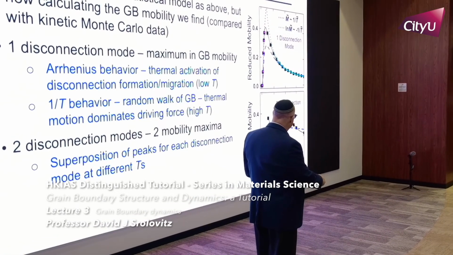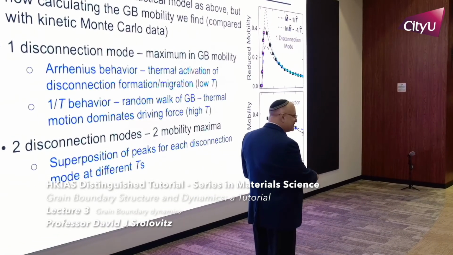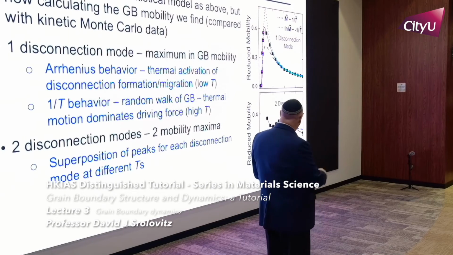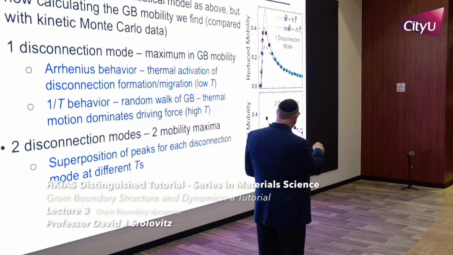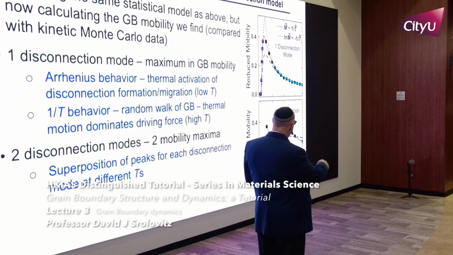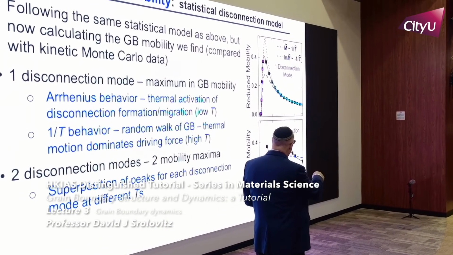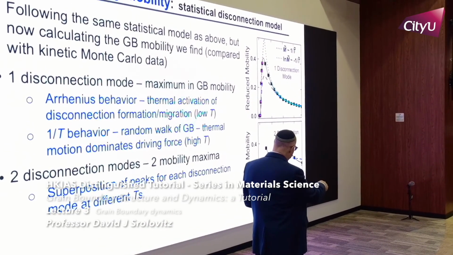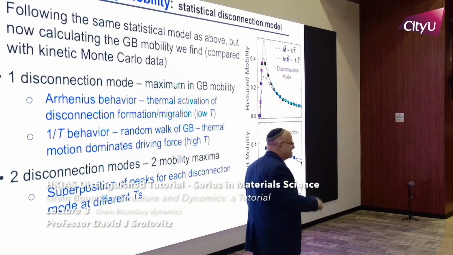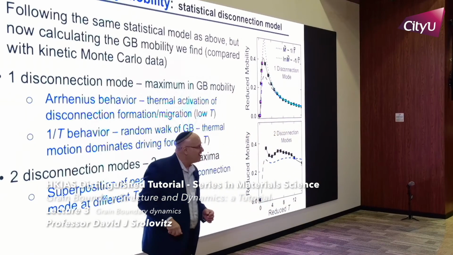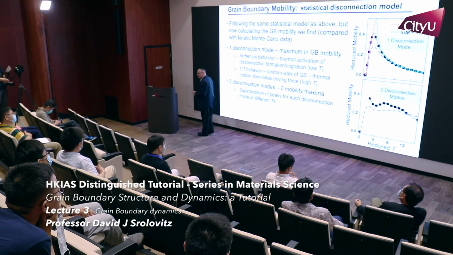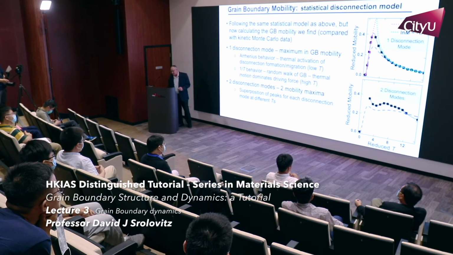If I have two kinds of disconnection modes, I will have two peaks. So I can have behavior where the mobility goes down with increasing temperature, goes up with increasing temperature, may go up, down, or if I don't have enough resolution, you just say it's independent of temperature. All these things we observe in the large-scale molecular dynamics calculations.